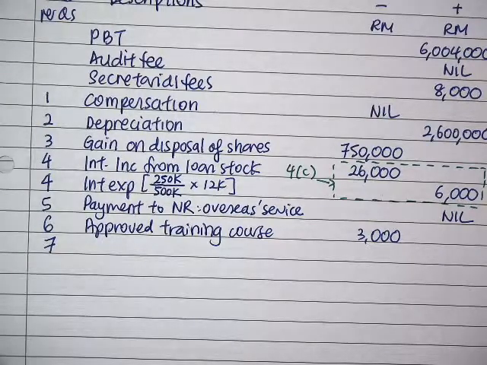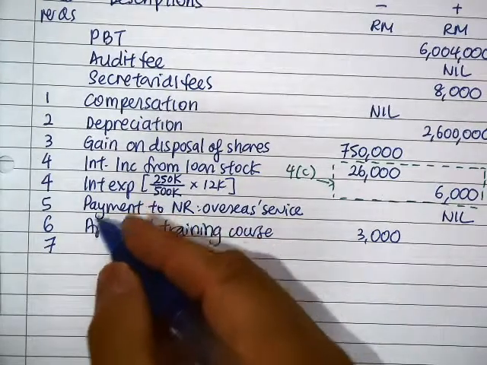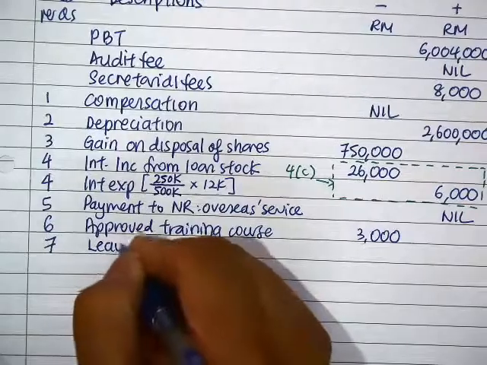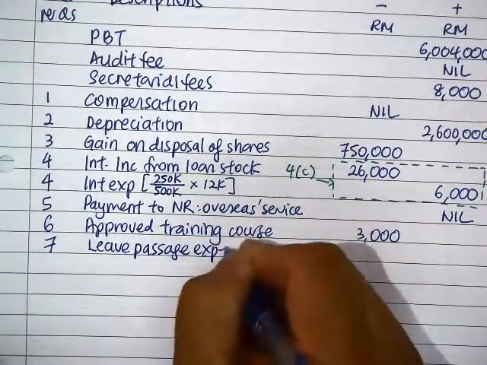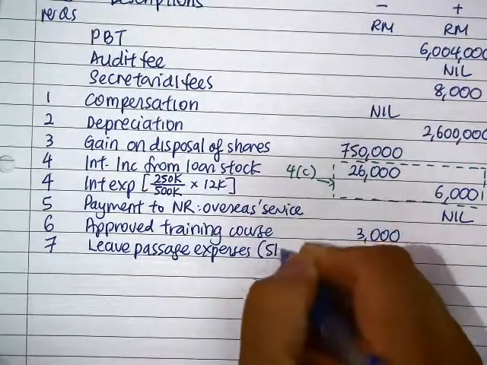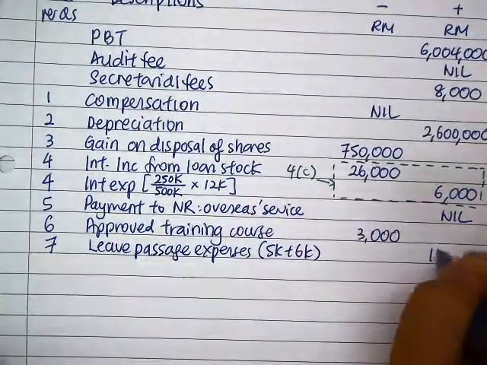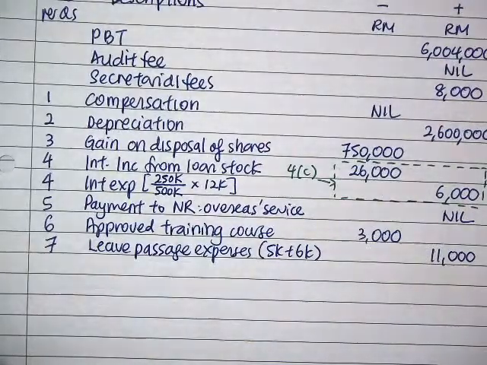There's only one kind of leave passage you can claim, which is local annual event. All the family and their worker, employer all join together. So that's the only one that they allow you to claim. So in this case, leave passage in general, you're not allowed to claim. So the leave passage expenses, 5 and 6, both 11,000 must add back.